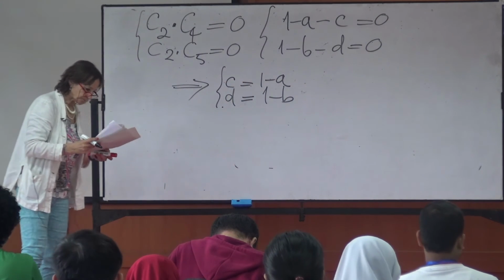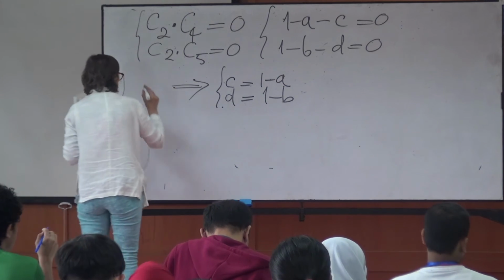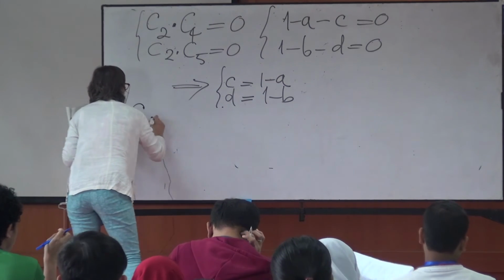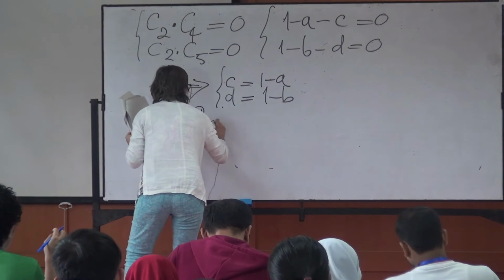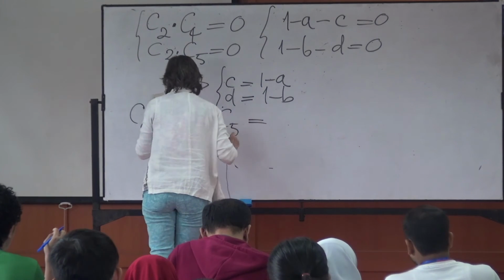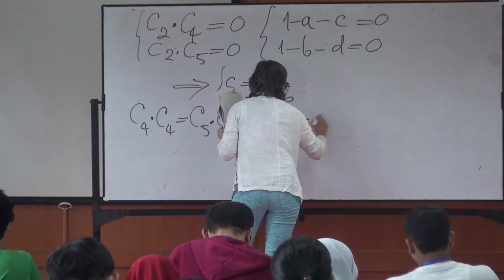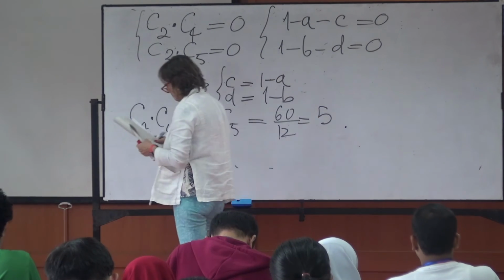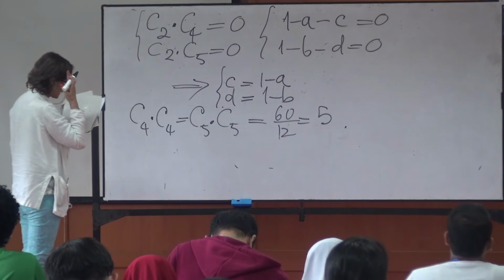But it's not finished, because now we can use the fact that C4 dot C4 is equal to C5 dot C5, and they must be equal to 60 over 12, which is 5. So now we have 2 more equations that we can write.